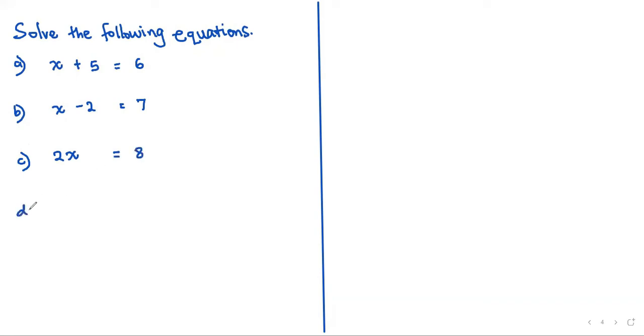Let's have d, 2x minus 3 is equal to 5. And let's have e, negative 5x minus 2 is equal to 13. Okay, now let's see how we can apply some of these properties to make this easier. So let's get the solutions.